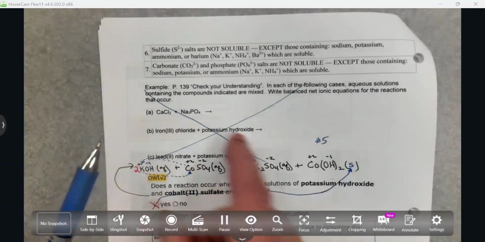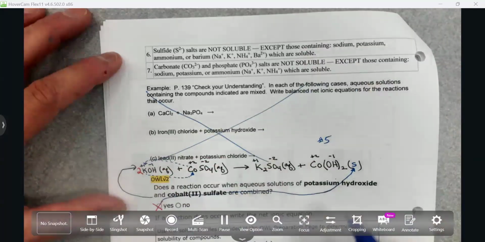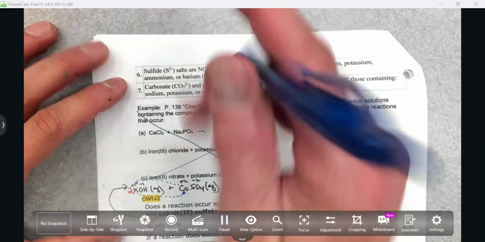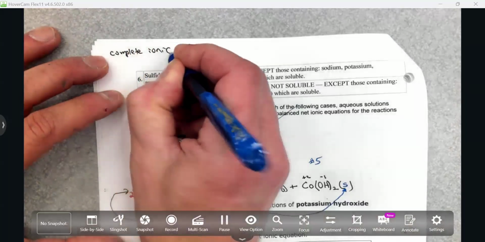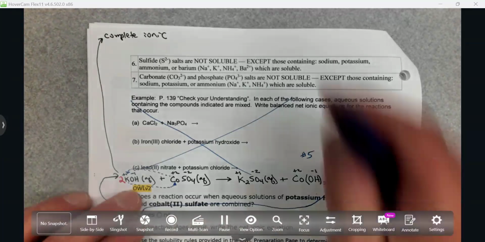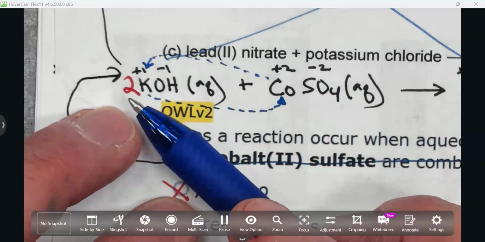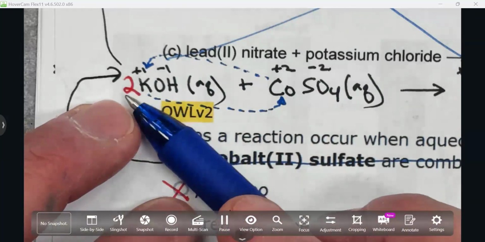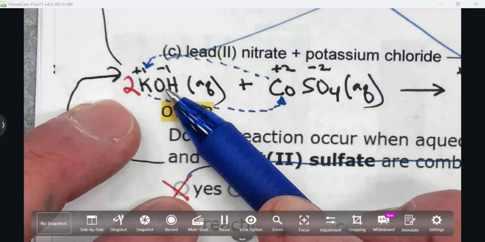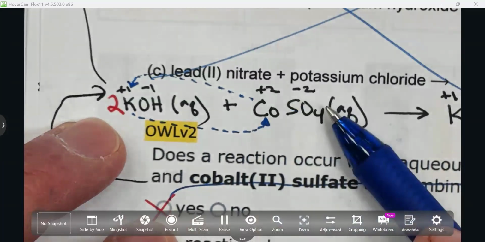I wish I wouldn't have made that ugly X like that, but I'm going to write the complete ionic up above here. This is going to give me 2 potassiums and 2 hydroxides, right? This is going to give me cobalt +2 and SO4 -2.